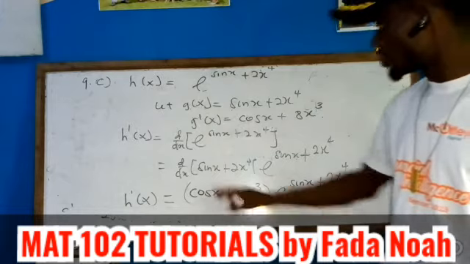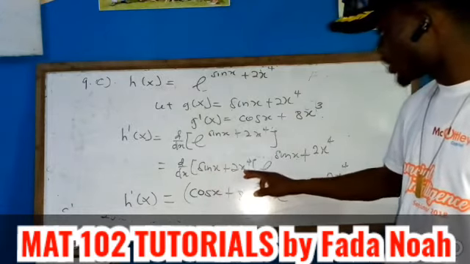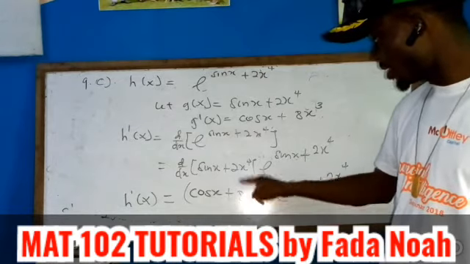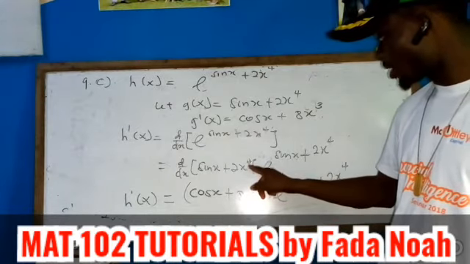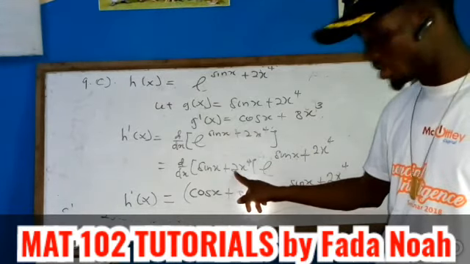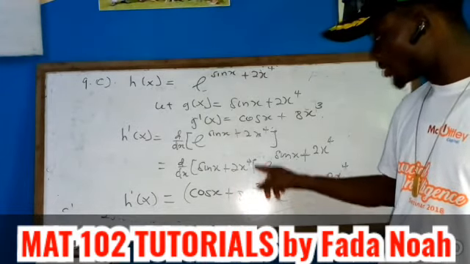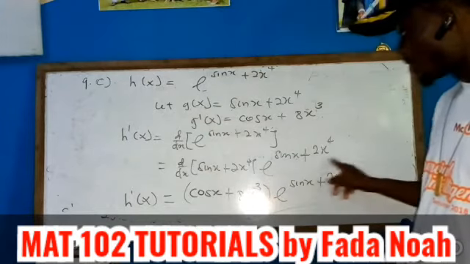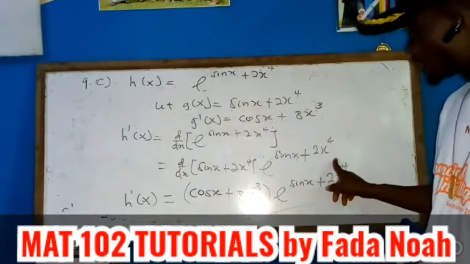Alright, so the derivative of sine x plus 2x exponent 4 is what? Cos x plus 8. You multiply the exponent by the constant here and you get 8. You write your x, you subtract 1 from the exponent, you get 3, times the original function given.